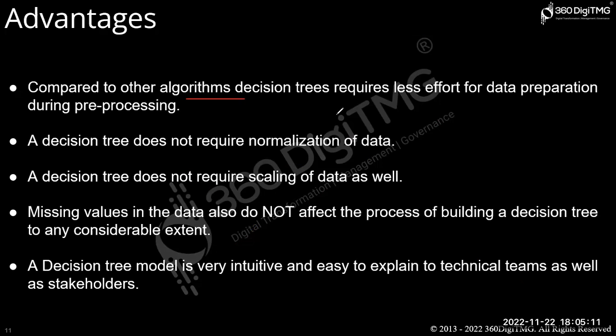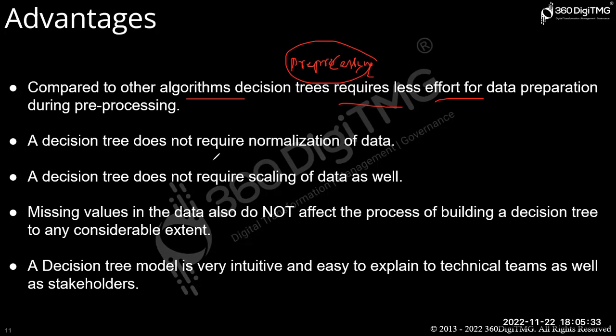Compared to other algorithms, decision tree requires less effort for preparation. Whichever classification algorithm we go with, we have to do the standard pre-processing. But when it comes to decision tree, you can skip a few pre-processing steps.